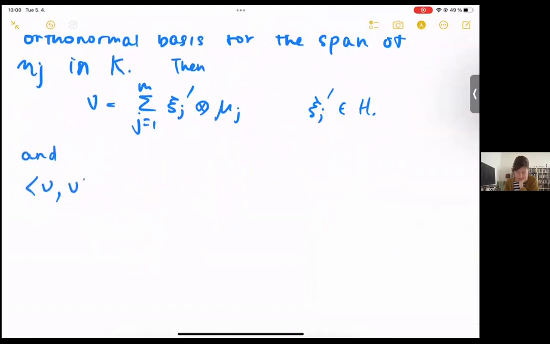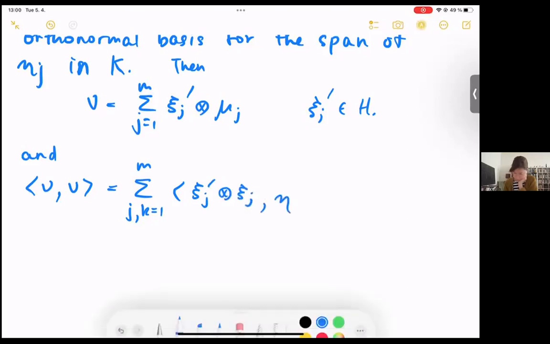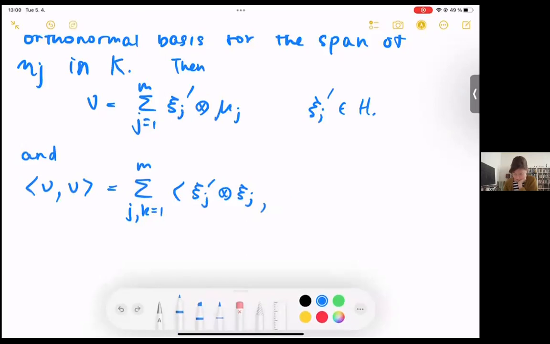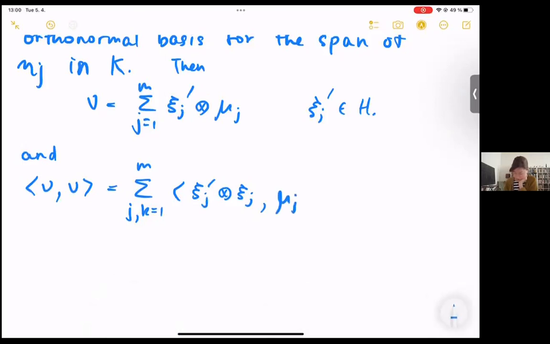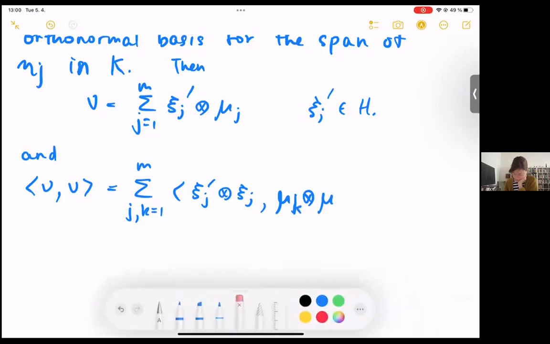And now we can look at the sesquilinear form applied to nu. Well, it's sesquilinear, so that gives us, oops, should be an eta, mu j tensor.